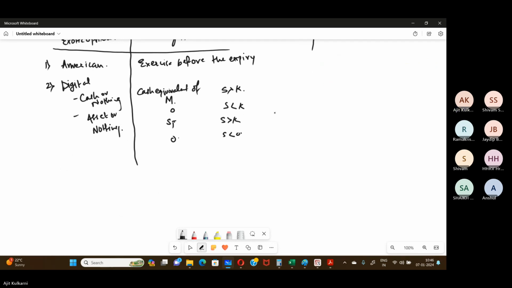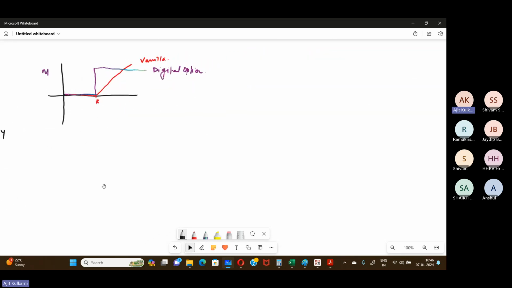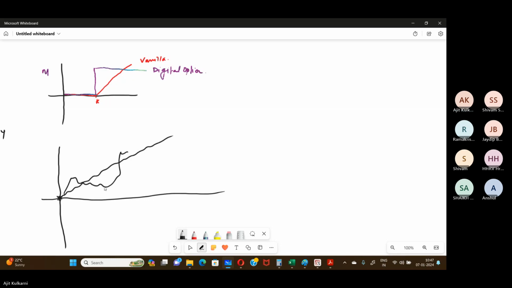Then we have barrier options. What barrier options mean is, let us say you have a stock price which evolves over a period of time, as per geometric Brownian motion, and that is why it takes many paths until the expiry.